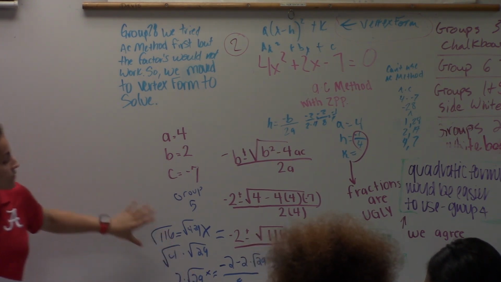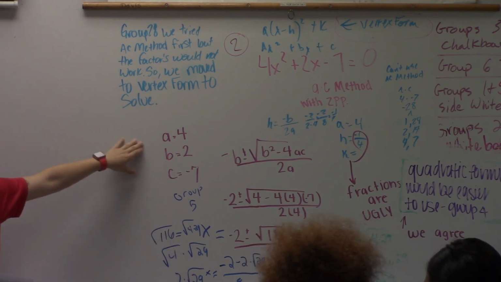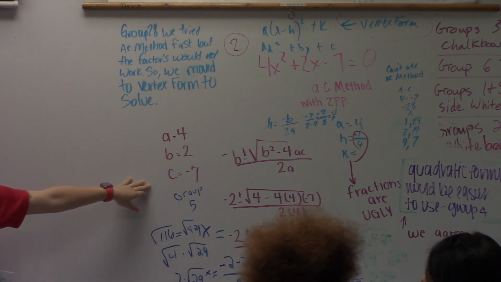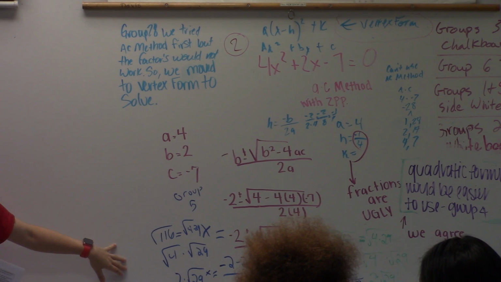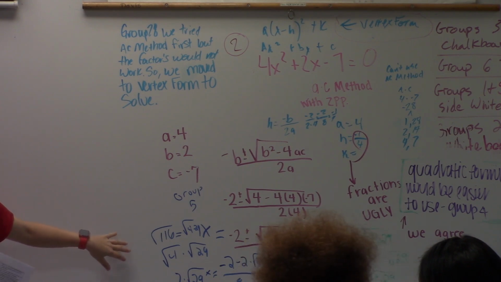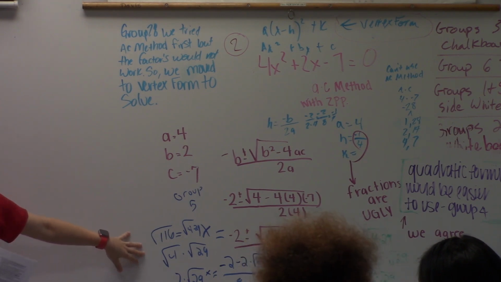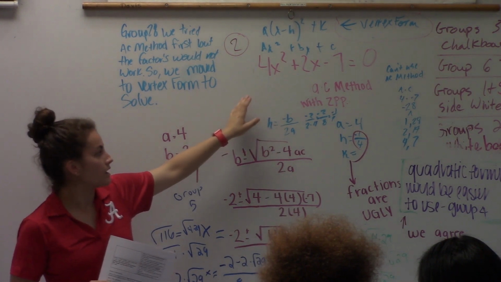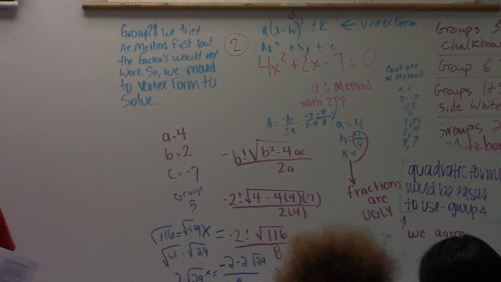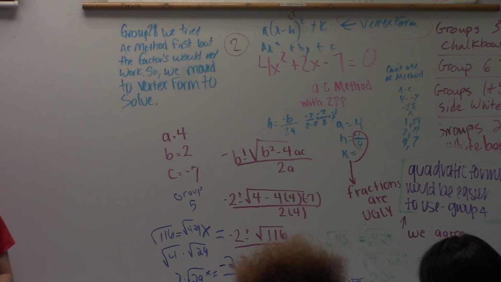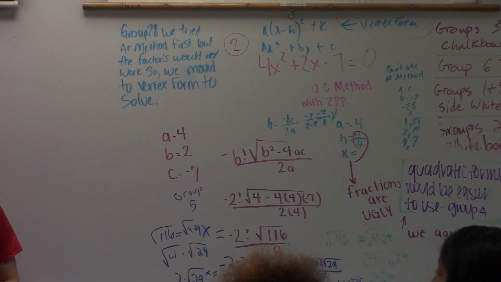And then let's compare it to the quadratic formula where they just substituted the values of a, b, and c into the quadratic. Now that we've gone through why the AC method doesn't work and what to do with the vertex form, why do you think this group decided to use the quadratic formula? Anybody can answer. Just talk about it.